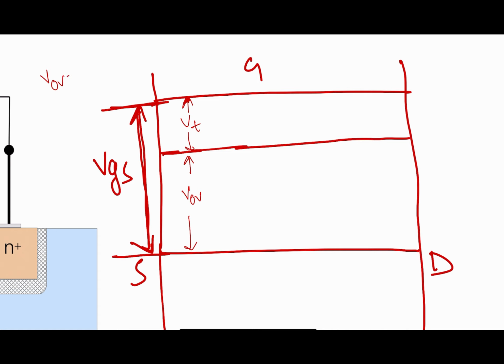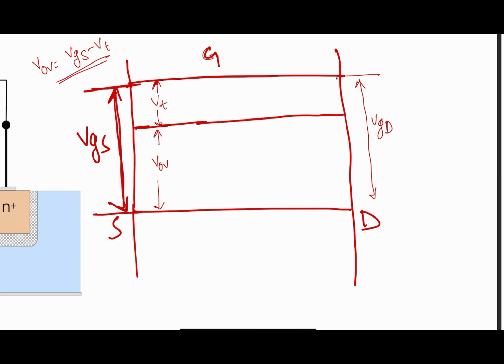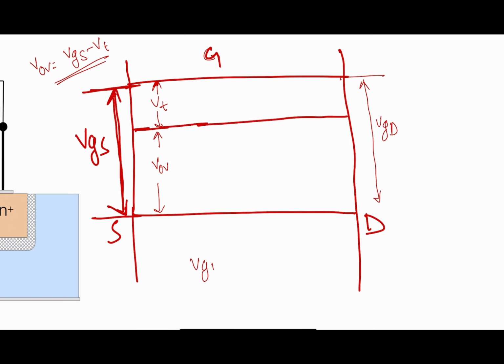As V overdrive is equal to VGS minus VT. I think you already understand this concept. Now let's think: this is the gate, this is the drain, and let's think VDS is 0. So the gate to drain voltage is the whole one, that is equal to VGS. What I showed you: VGD is equal to VGS when VDS is approximately equal to 0.